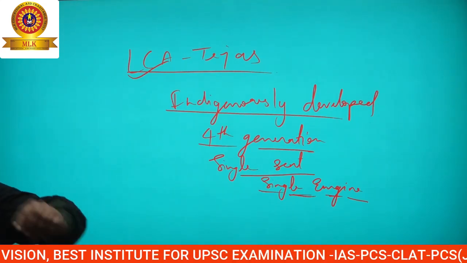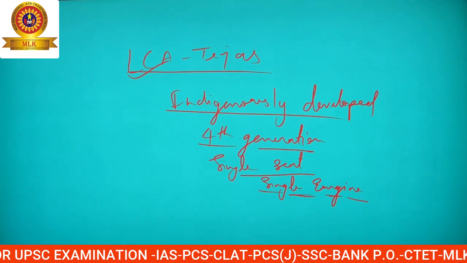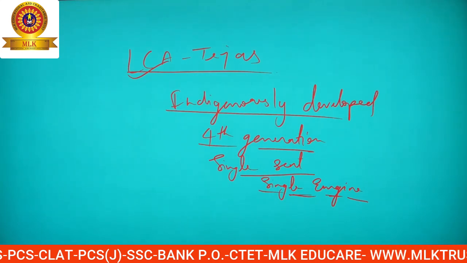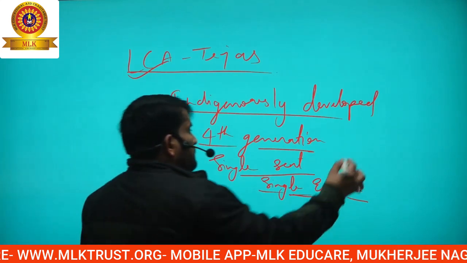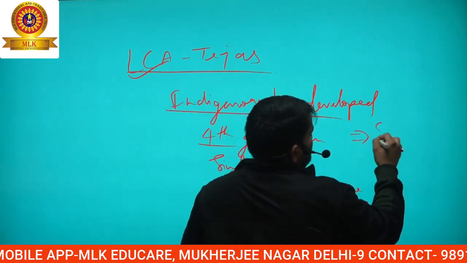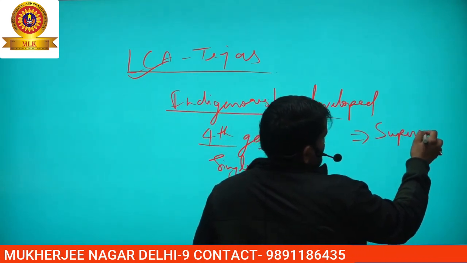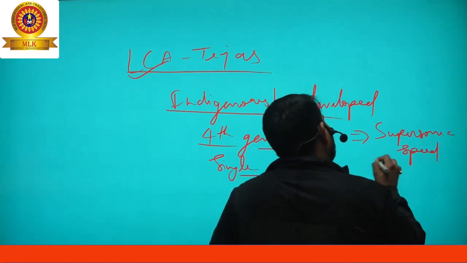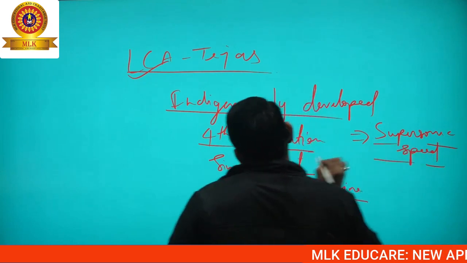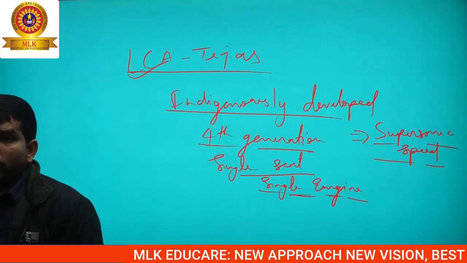And this is fly by wire, supersonic speed. That means the speed of LCA Tejas is very high.